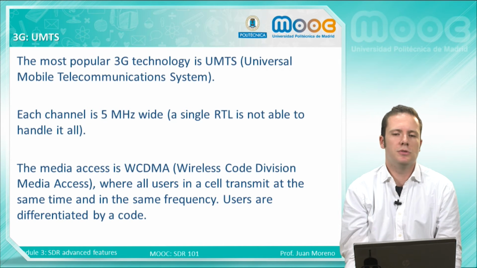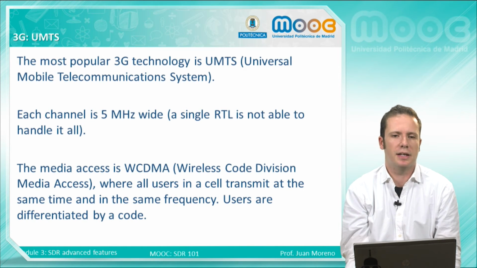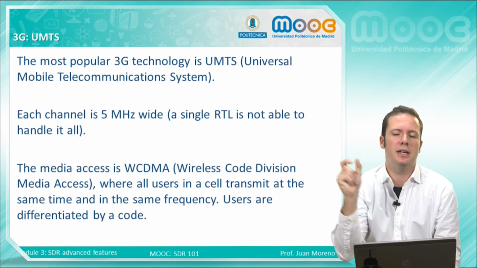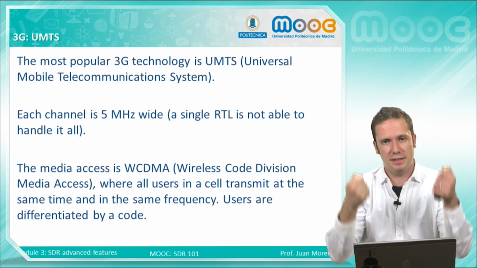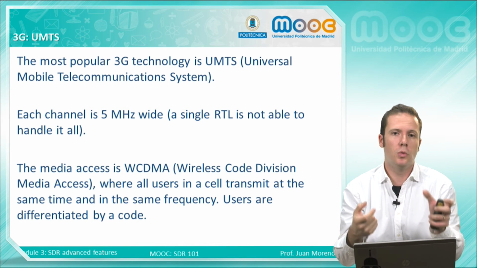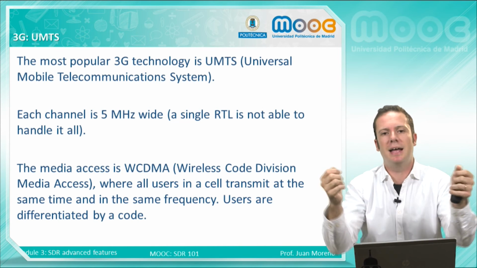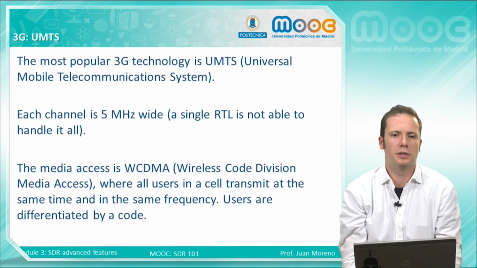So the bad news here is that a single RTL is not able to handle this channel entirely. We can see only parts of the channel, but we can't demodulate it entirely because we need to capture, let's say, the entire channel and demodulate it all at the same time. So UMTS with one RTL won't work.